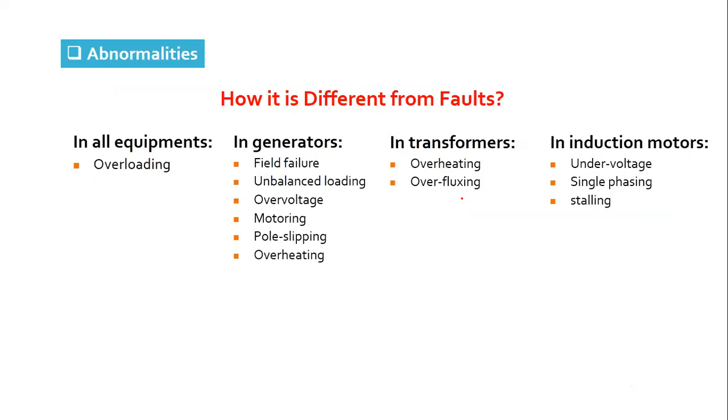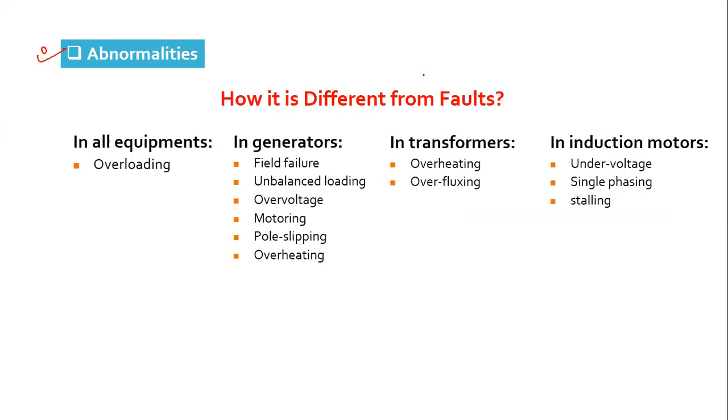Then we have seen another term, which is abnormality. What is abnormality? Abnormality is not a fault, but it is a condition. If it remains in the system for a longer period of time, it may result in a fault. So what it means is that abnormality is not a danger at the initial stage, but if it is not observed and monitored for a period of time, it may result in a fault.